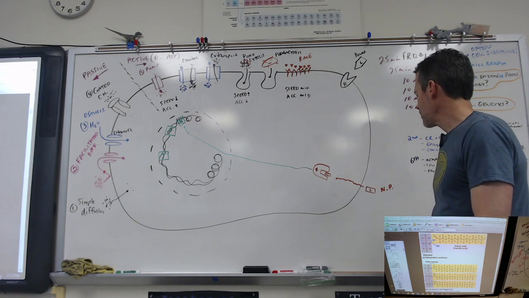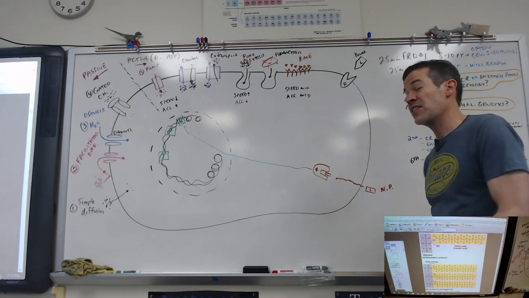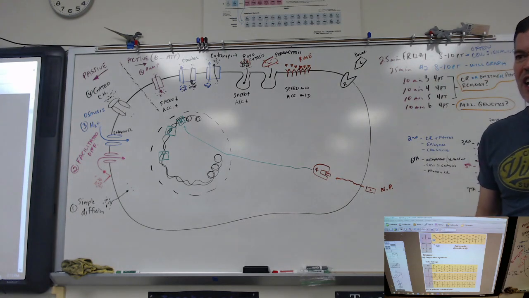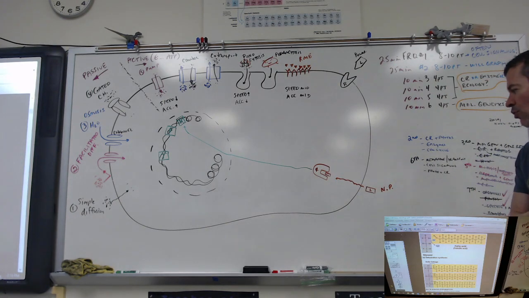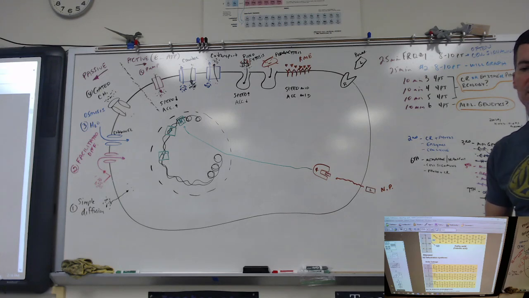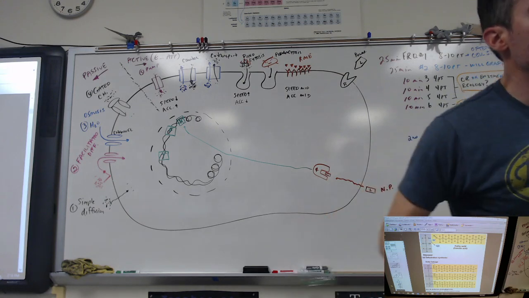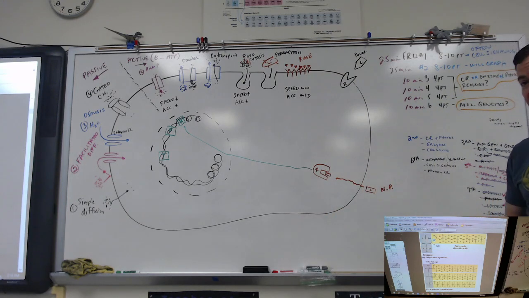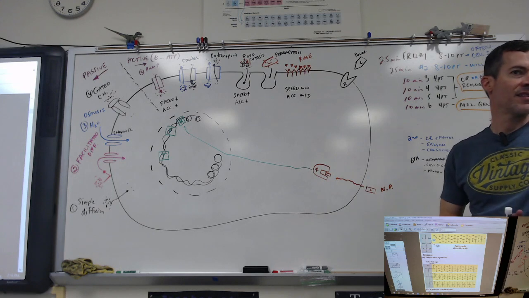Okay, this is nonpolar. So let's say that this was a hormone. What would I know about the category of hormones that it's in? If it's nonpolar, what kind of hormone should it probably be? Yeah, it's lipid-based. Which lipid?